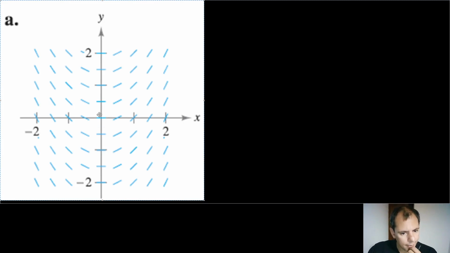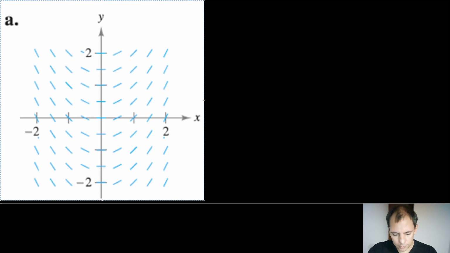As x increases, the slope is going to increase. As x decreases, the slope is going to decrease. For an x that doesn't change, it doesn't matter what the value of y is, so the slope does not depend on y. It just depends on the value of x, okay?